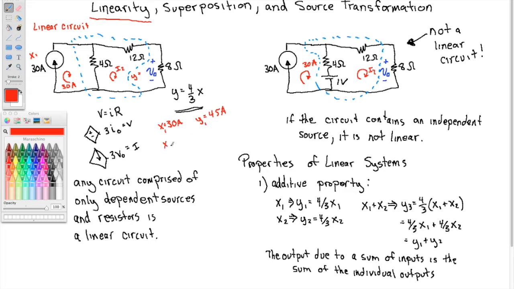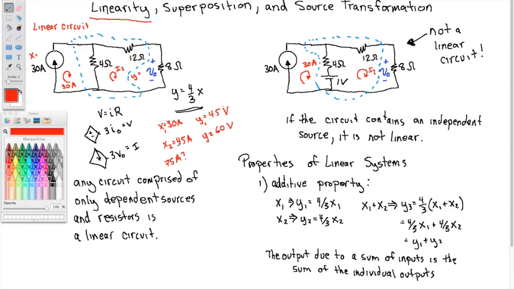Excuse me, the output was a voltage. Then we plugged in 45 amps next, and we saw that we got 60 volts. Okay, so question, what happens if we plug in 75 amps?